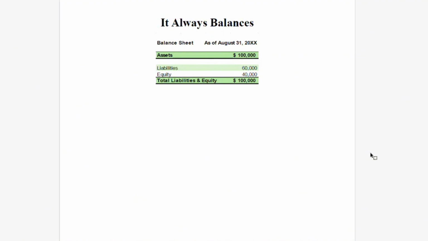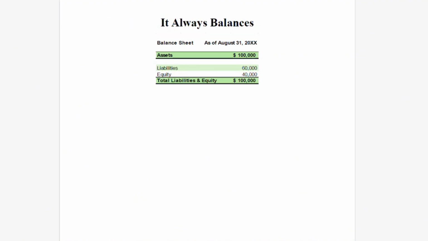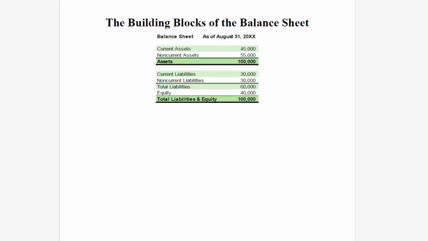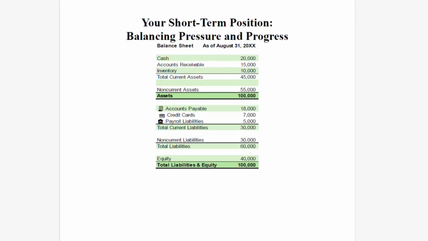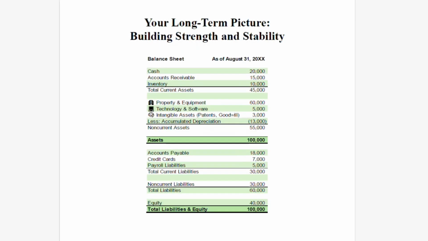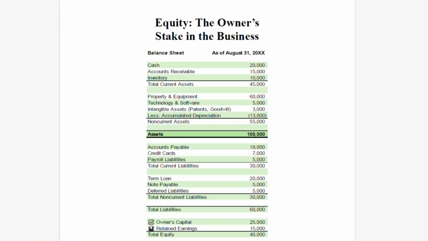We went from something as small as this, and we layered in the current and non-current portions of things. Then we built in some details for current assets, then current liabilities, then non-current assets, then non-current liabilities, and then wrapped it all up with equity.